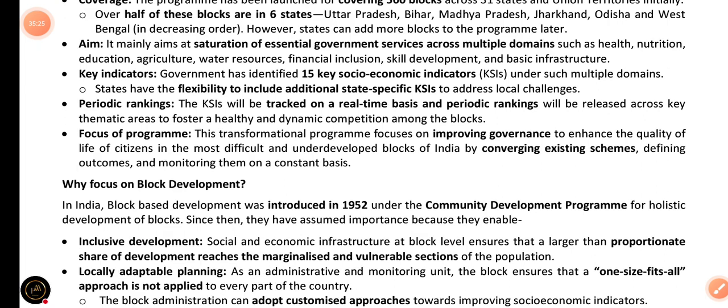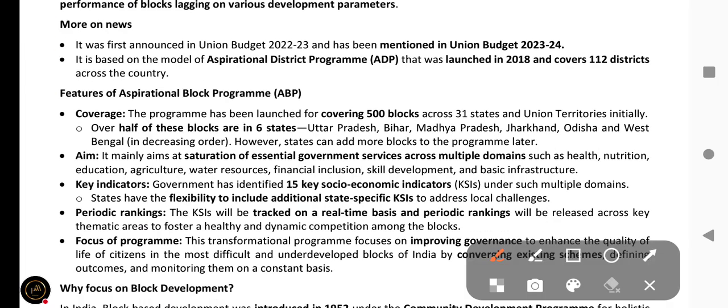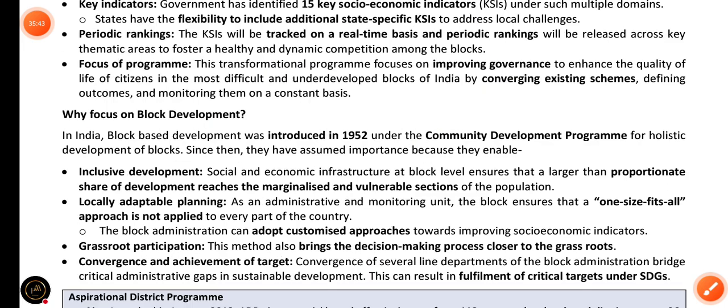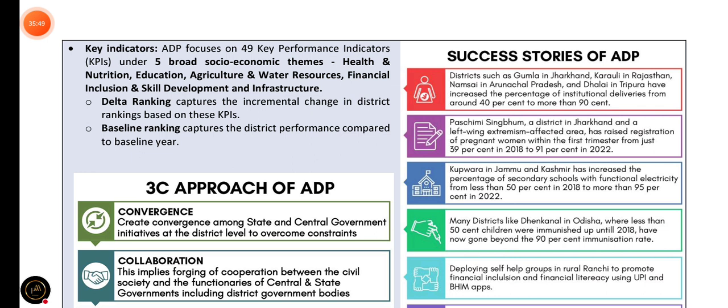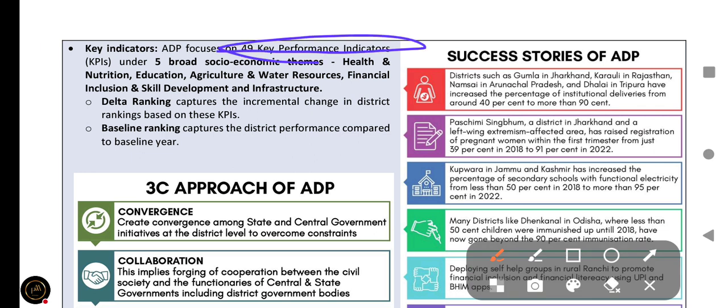And in aspirational block program, you can remember this from the perspective of prelims 2024 examination. Aspirational block program covers 15 key socioeconomic indicators, whereas aspirational district program covers 49 key performance indicators under 5 broad socioeconomic themes such as health and nutrition, education, agriculture and water resources, financial inclusion, and skill development and infrastructure.